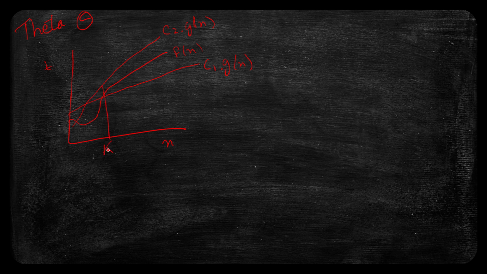So all things remain same, just a little bit of difference, just like that. c2 gn, sorry for that, gn is less than fn, it is less than c1 gn.